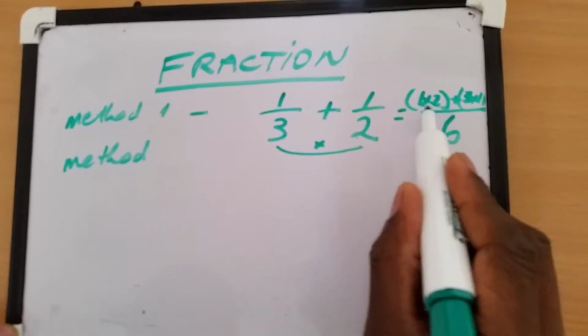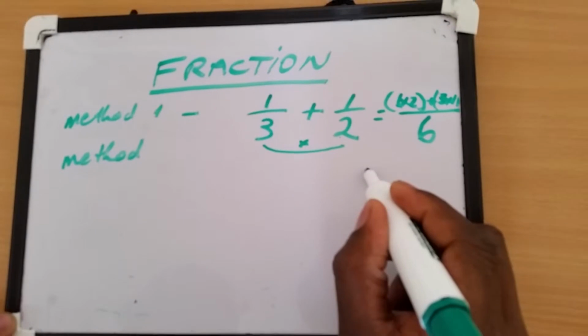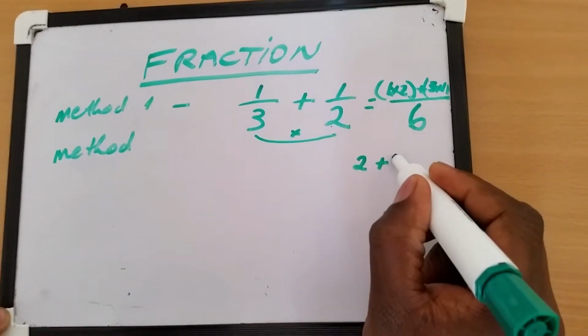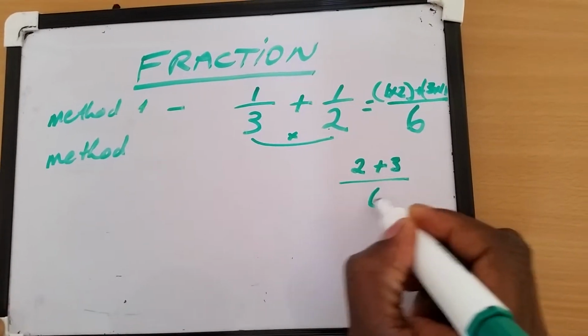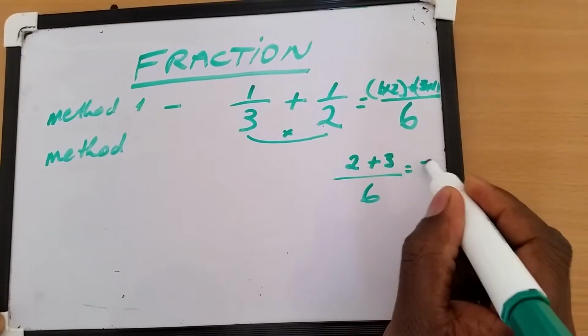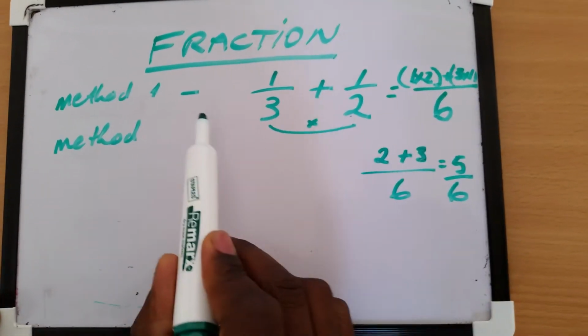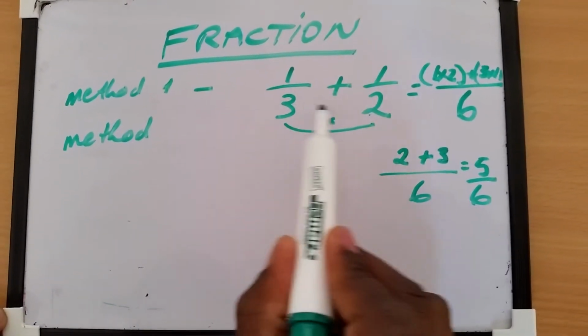When we have that, we got 2 times 1, which is 2, plus 3 times 1, which is 3, over 6, which gives us 5 over 6. So that's a simple method in just adding the two fractions.